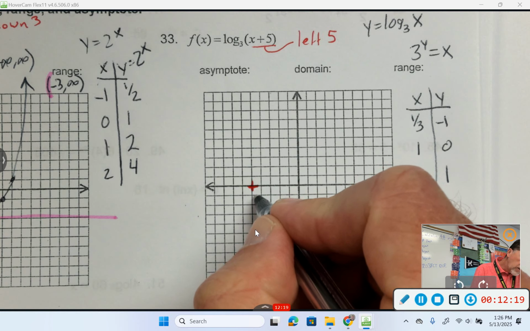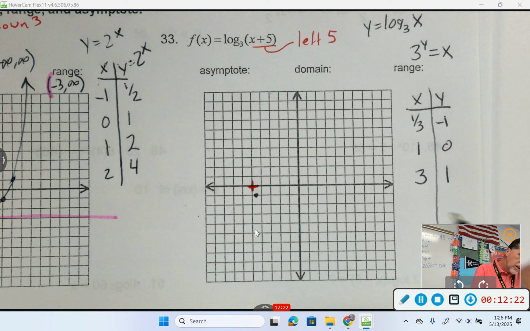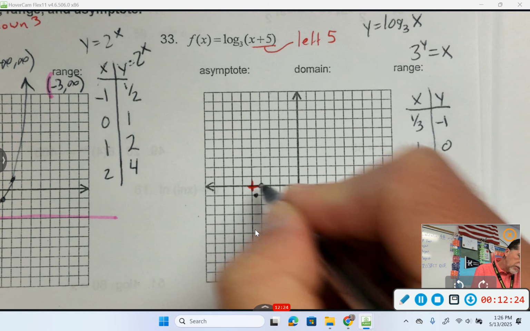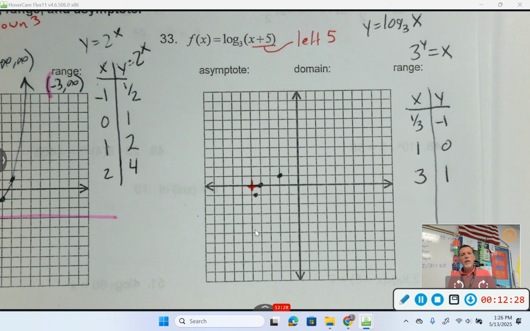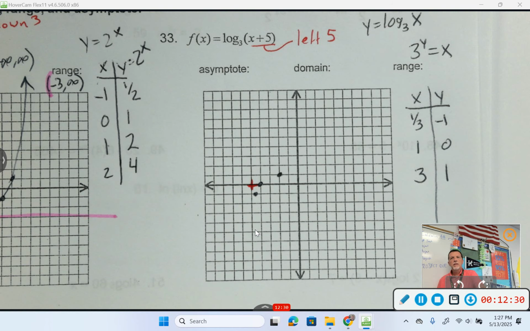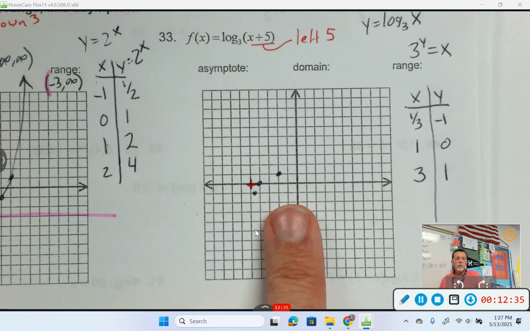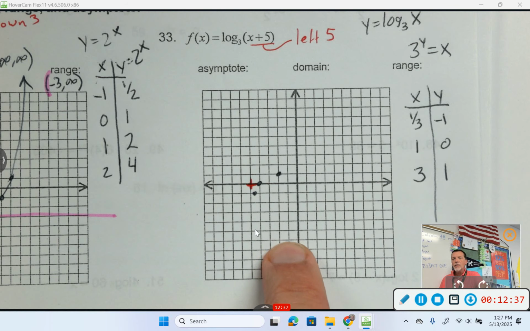Over 1/3, down 1. Over 1, up 0. Over 3, up 1. And again, like that previous one, if you wanted more points, pretty easy to figure out what they'd be.